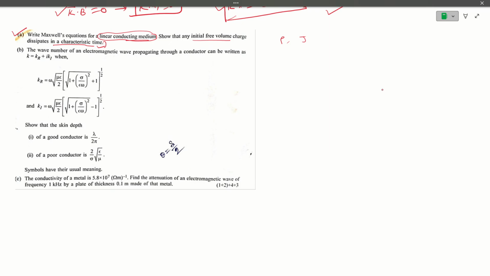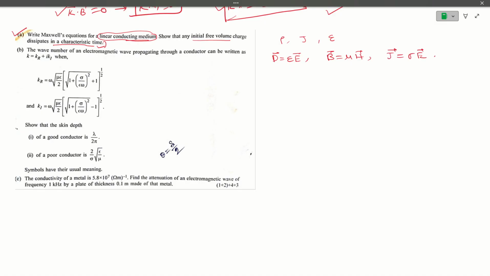And also a permittivity epsilon, then we can say that D is basically epsilon naught into E. Okay. And B is basically mu naught into H, and also J equals sigma E from Ohm's law.